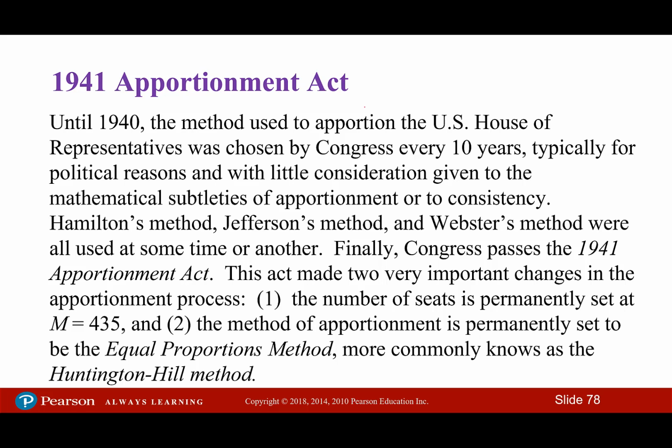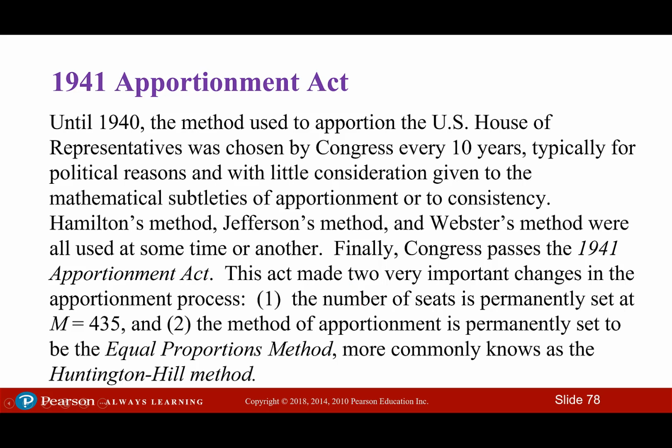So now the question is, what is this Huntington-Hill method? And this one involves a little bit more math in the process. All right, so let's go through the math. Once you get the math, then you're like, oh, that's easy. Primarily, it's kind of like Webster's method, but we're going to use different numbers to round off. So 0.5 is not going to be our rounding off number.